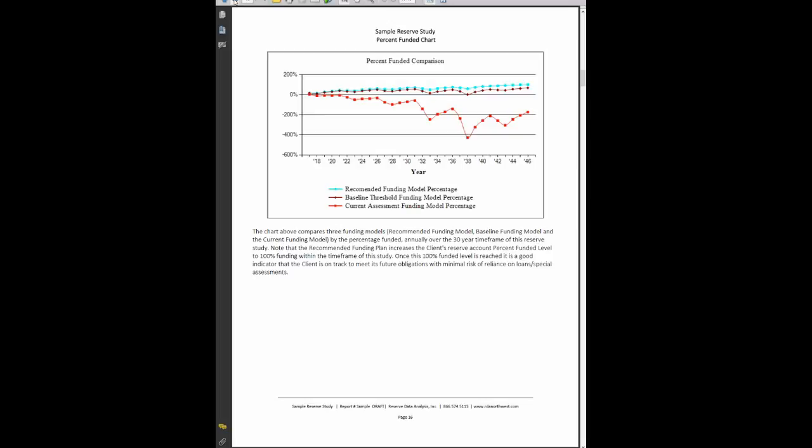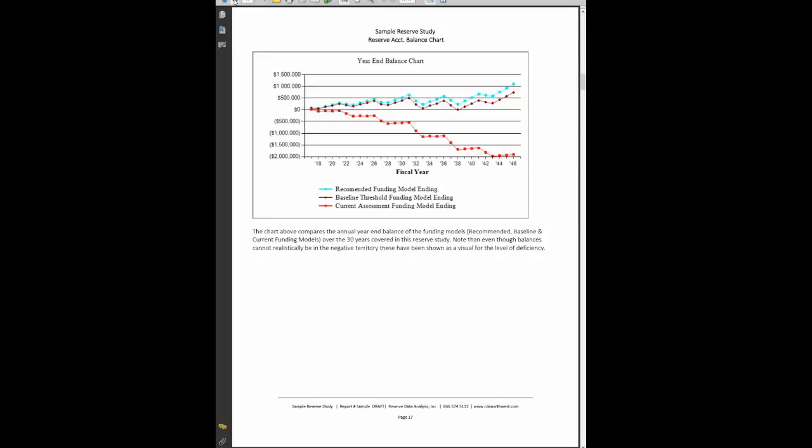And the next graph, the reserve account balance chart, also goes into that, where you'll see the recommended, in this case light blue. It fluctuates up and down as projects come due and are paid for, but overall increases significantly. Baseline also will increase, but there'll be years, these two particular years here, when it dips down to almost zero, and those are high risk years, specifically if components fail earlier than projected.